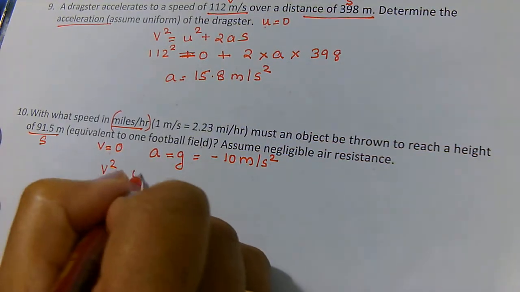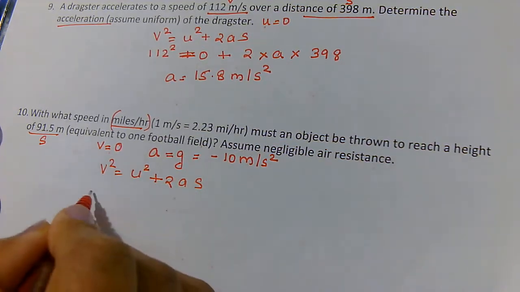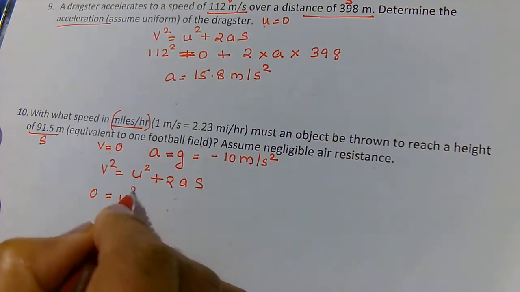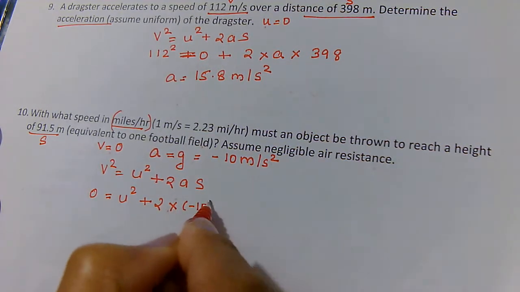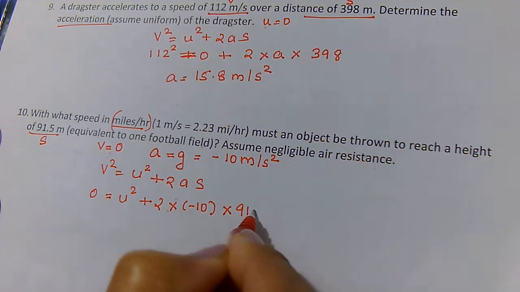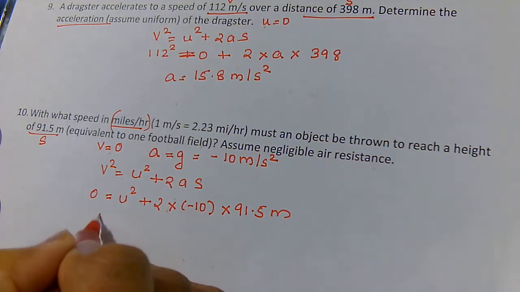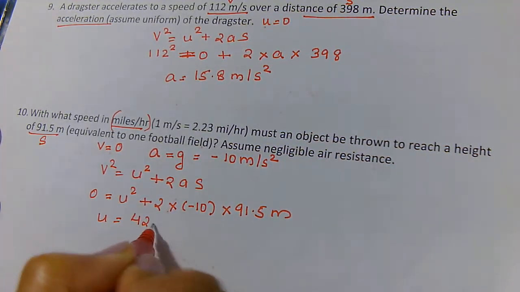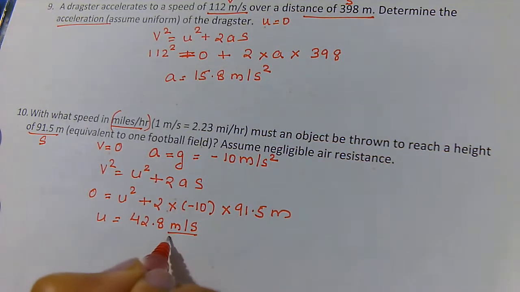So v square is equal to u square plus 2as. 0 is equal to u square is what we need to find, 2 times minus 10 times 91.5. And you end up getting u as 42.8 meters per second. Now this is meters per second.